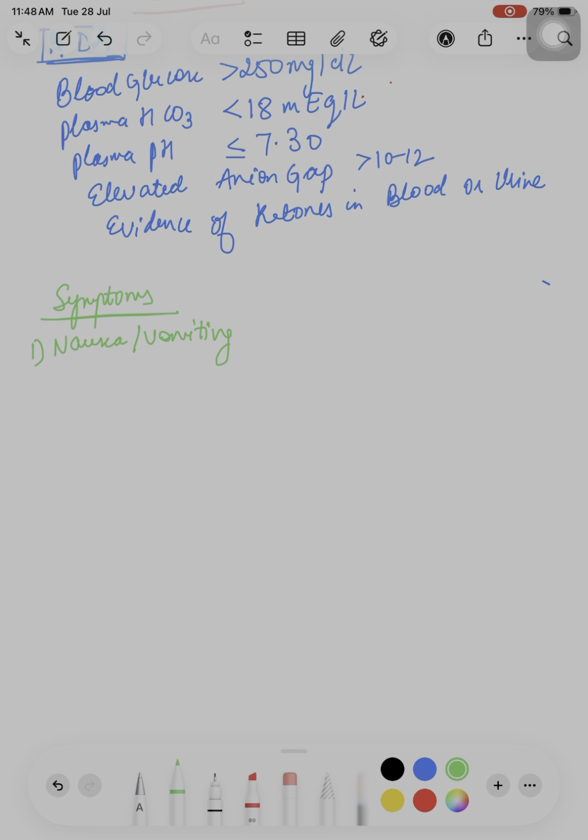Second is thirst and polyuria. Hyperglycemia leads to glycosuria and volume depletion, which leads to thirst. Next is abdominal pain, which may be severe and can resemble acute pancreatitis. Next symptom is shortness of breath.